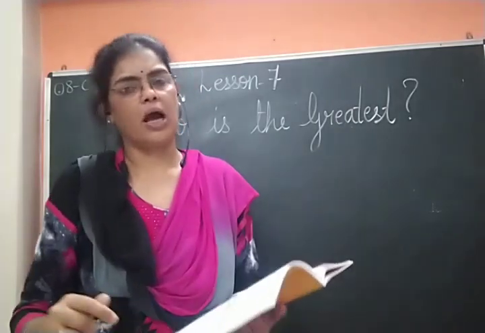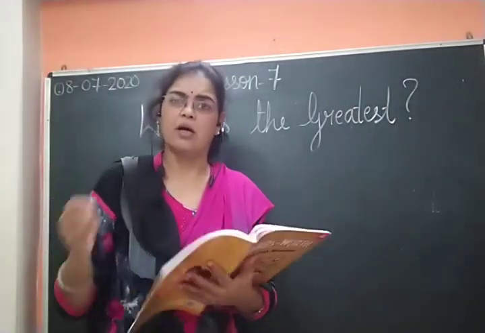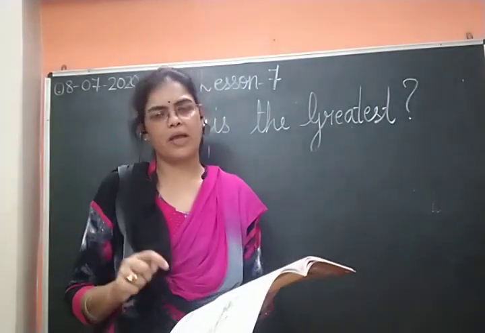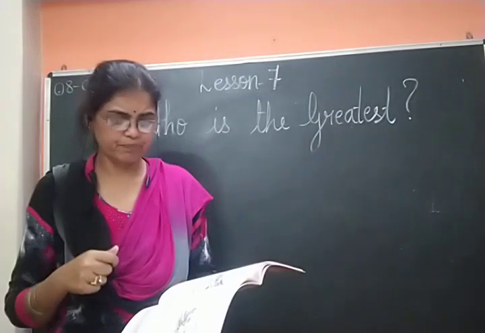First of all I will read the lesson for you, then I will explain the new words of this lesson, and then I'll be explaining the content of the lesson.